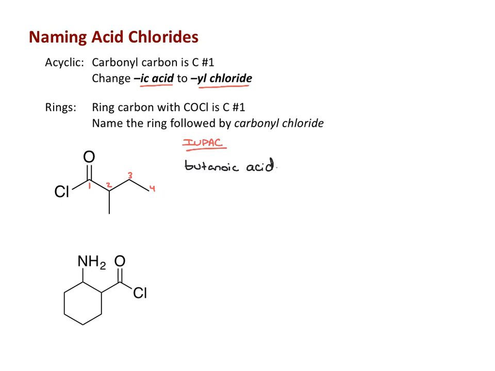So what we're going to do is drop the ic acid and change that to yl chloride. So the parent is butanoyl chloride. So then, as far as the substituents go, we have just the 2-methyl group. So the IUPAC name for this would be 2-methylbutanoyl chloride.